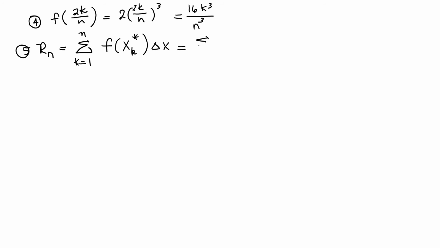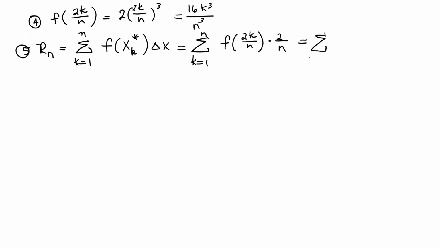Continuing, summation k equals 1 to n, where we had f of x sub k asterisk, we'll write f of 2k over n, and where the delta x was, we'll replace it with 2 over n.